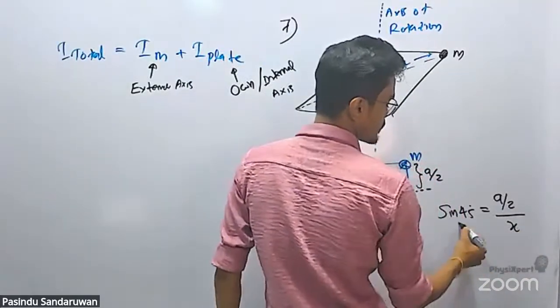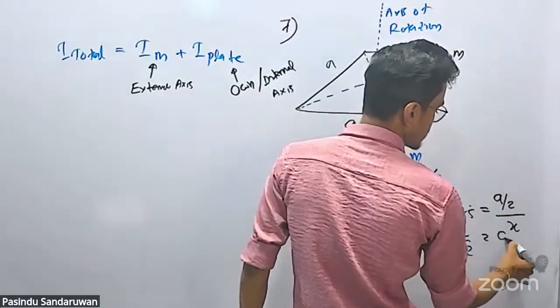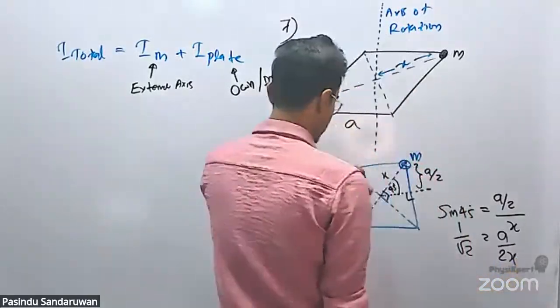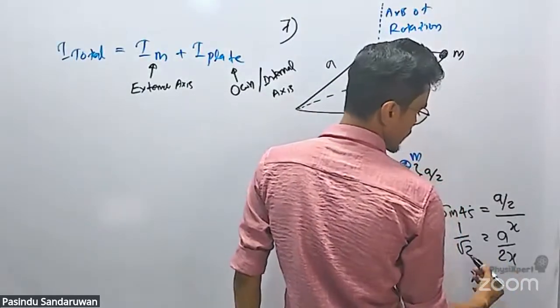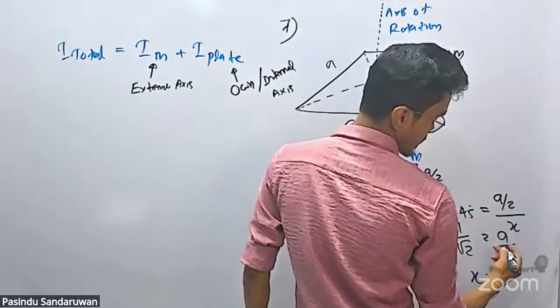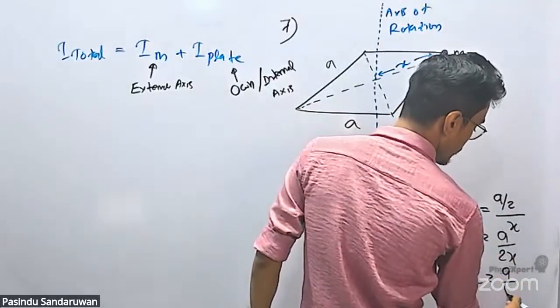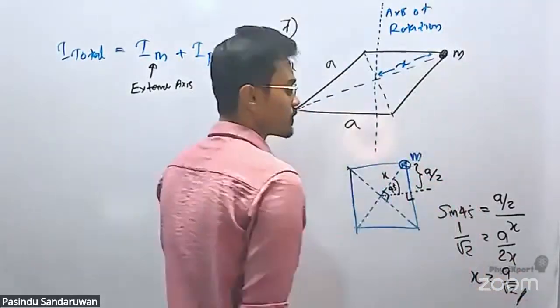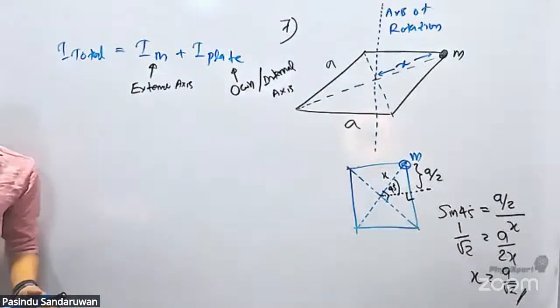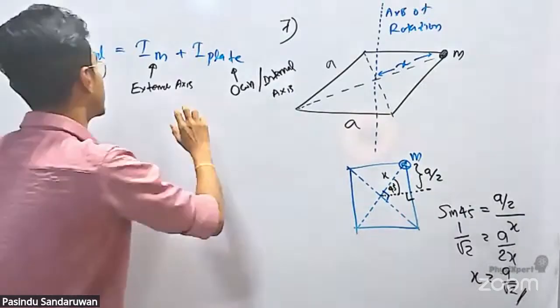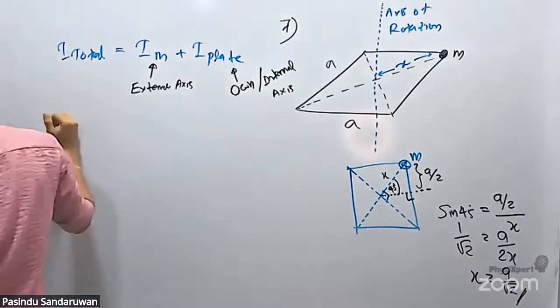So sine 45, which is 1 over root 2, equals a over 2x. Simplify this, and x equals a over root 2. Then we can apply that here. I total is given as 7 over 2 ma squared.